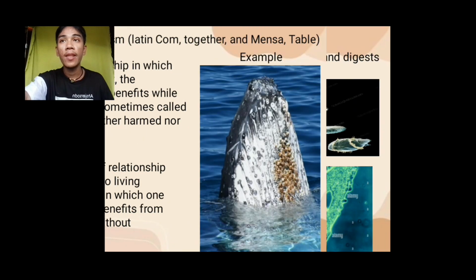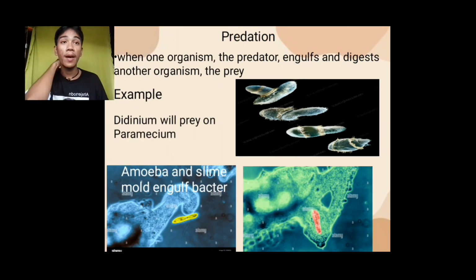And the next one, the predation. When one organism, the predator, engulfs and digests another organism, which we call the prey. Example is the Didinium which preys on the Paramecium. As you can see in the pictures here, okay? Kahit ang liit niya, at ang laki ng prey niya, as the second one, the third one, and the fourth one, kumbaga na-engulf na talaga niya, nakain na siya.